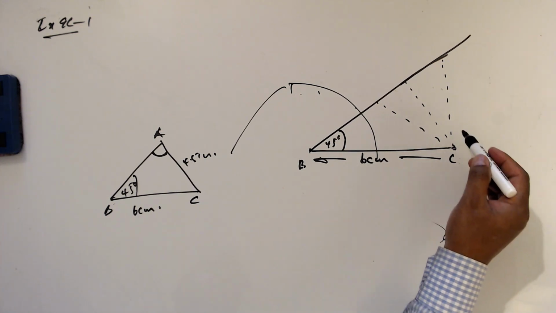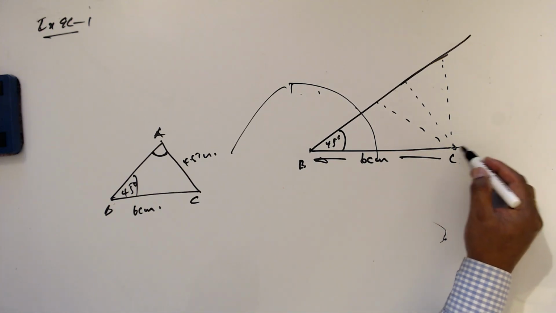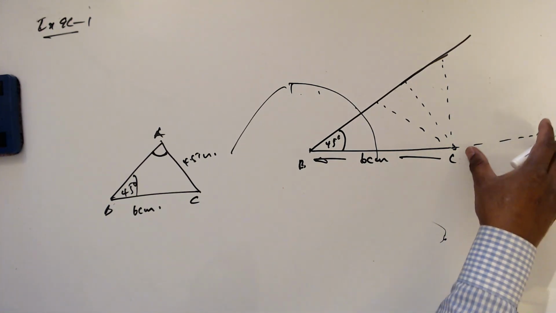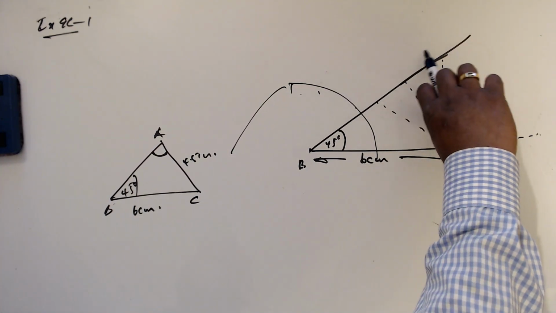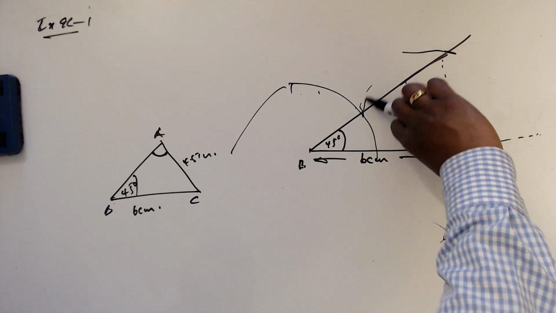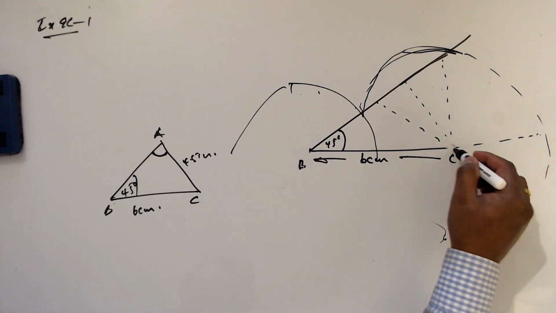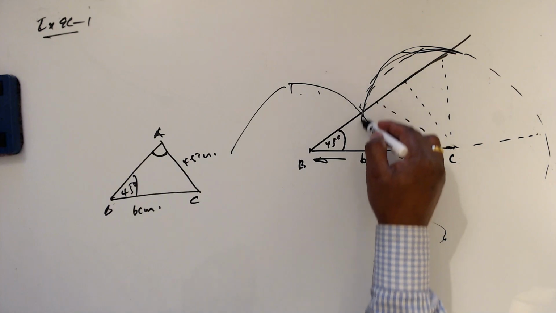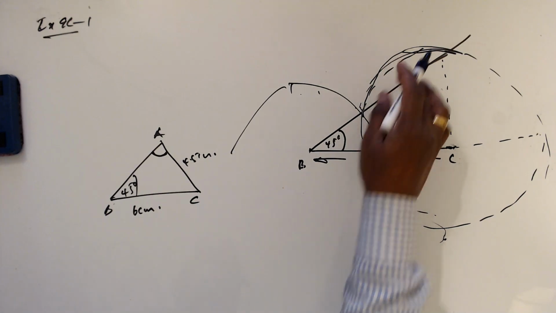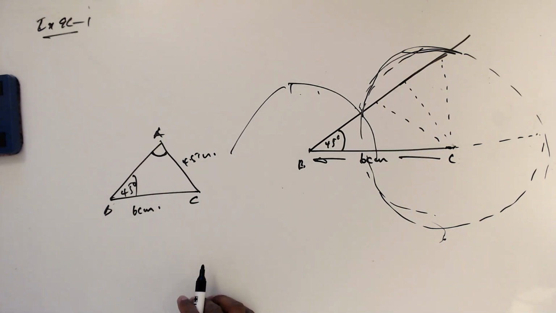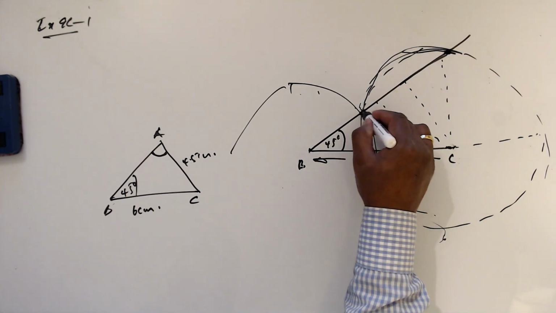So take 4.5 distance, radius. So this is the radius. And then draw a circle or two arcs. So when you give two arcs, it will cut like this. Right? So this is the center. So now when you draw, you can see this line will cut in two places.